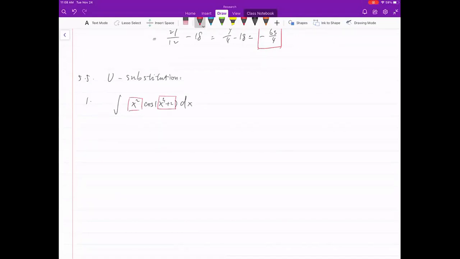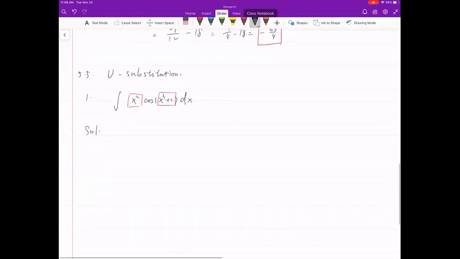Once you have seen this, according to the chain rule, you can let u be this one, and this one automatically will produce a du, which is the derivative, which will help you cancel out this term, leaving you only u. So if you do that, then dx is going to be du over 3x squared.